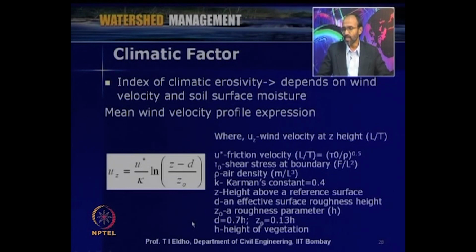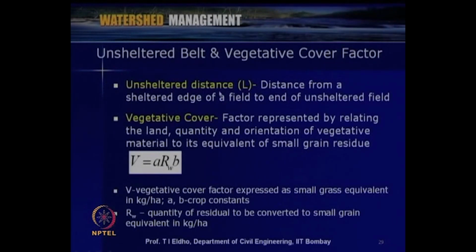So, then another important factor in wind erosion is the unsheltered distance and vegetative cover factor. Unsheltered distance is the distance from a sheltered edge of a field to the end of the unsheltered field.